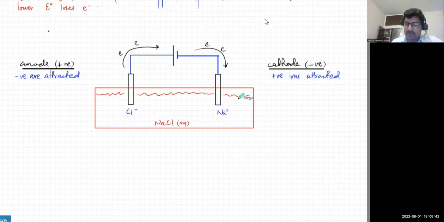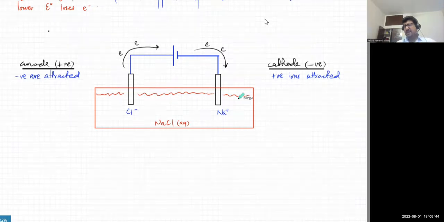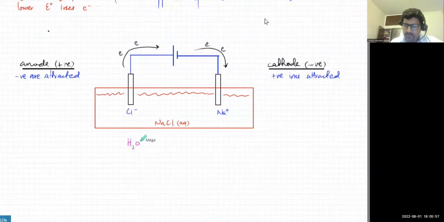So remember one thing: the syllabus is kind of very confusing on this, but technically there's very little H+1 and OH- ions. Water doesn't really ionize a lot.